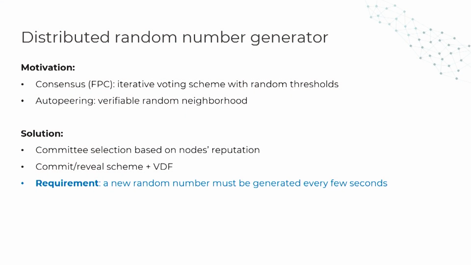Basically, both the auto-peering and the consensus mechanism, which is called FPC, fast probabilistic consensus, need a random number in order to be secure. For instance, the consensus mechanism is an iterative voting scheme where we have a random threshold that varies over time for each iteration, in order to prevent an attacker from understanding this threshold and making a split on the network.